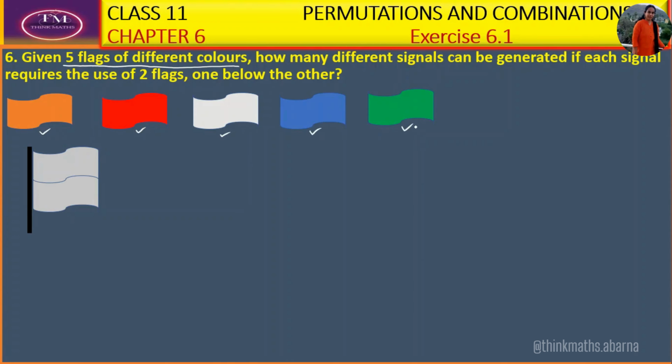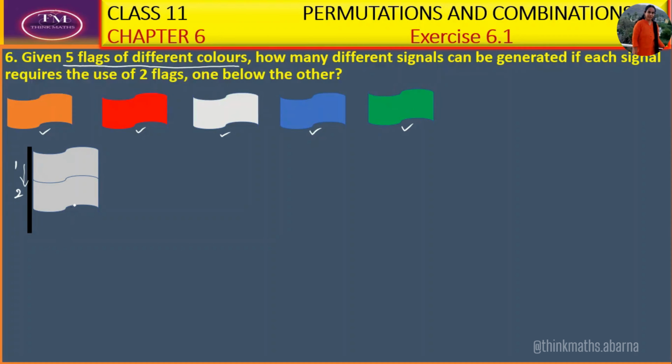Any color. I have chosen some colors. What is the question? How many different signals can be generated if each signal requires the use of two flags, one below the other? Like this, one below the other.